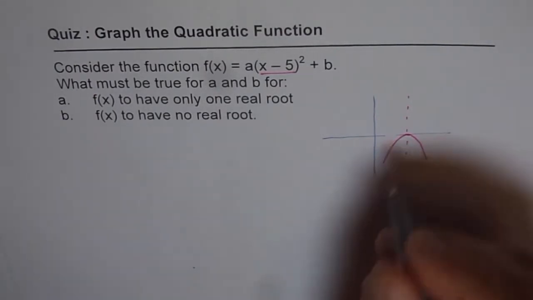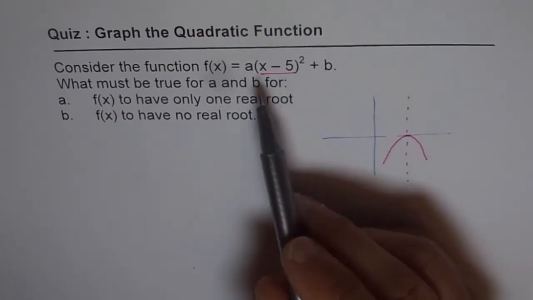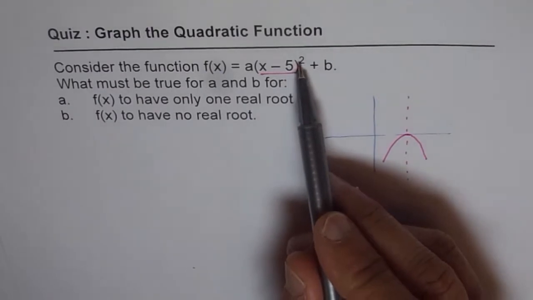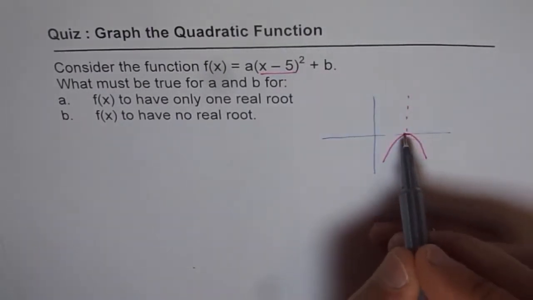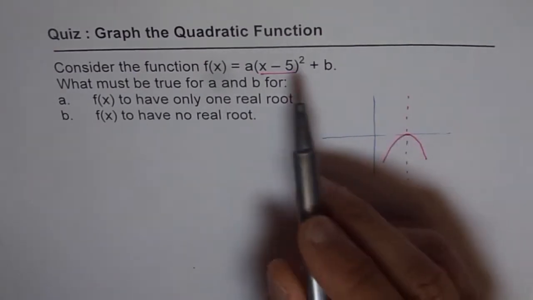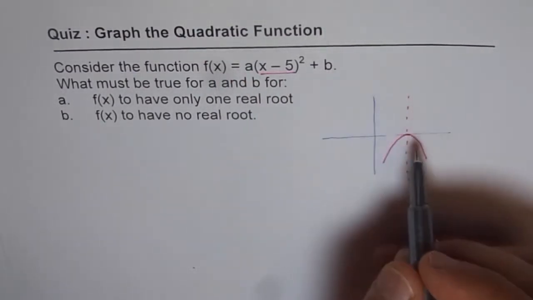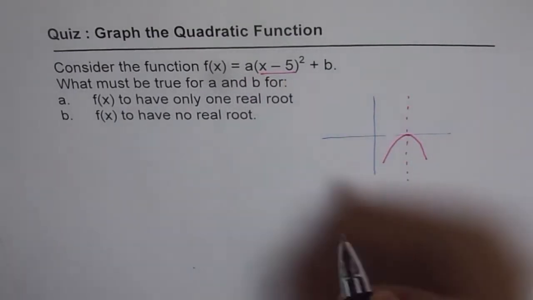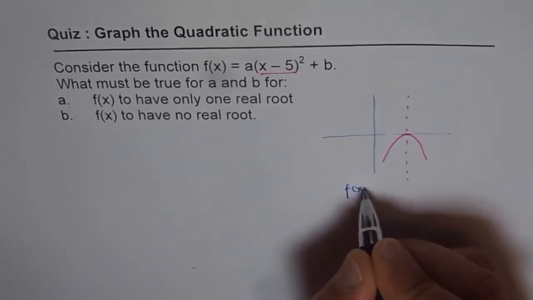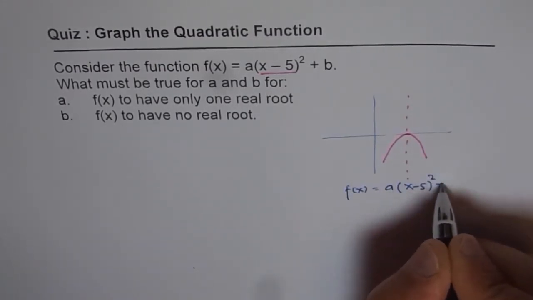Now if the parabola is like this, what could be its equation? It could be a(x − 5)², but b should be 0 for this. If b is not 0, then at x = 5, f(x) will be b, right? So we have the equation f(x) = a(x − 5)² + b.